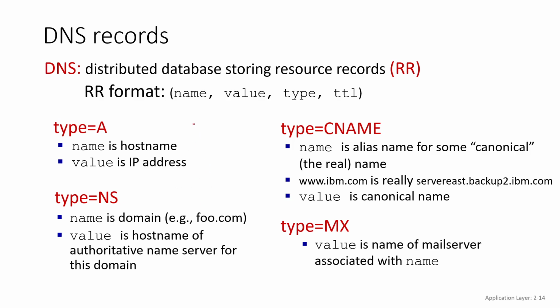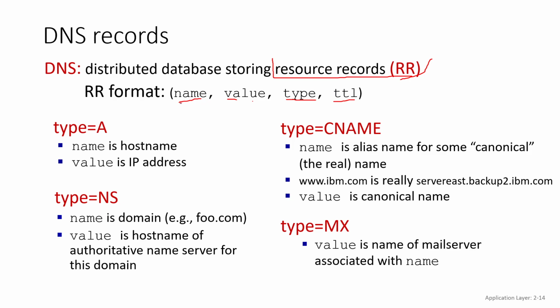Each and every entry has a name, a value, a type, and a time to live. Also, remember that each and every entry in a DNS is called a resource record, or RR, not Red Ribbon in Dragon Ball Z, but resource records, right?